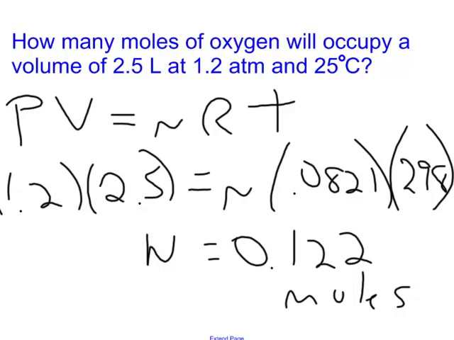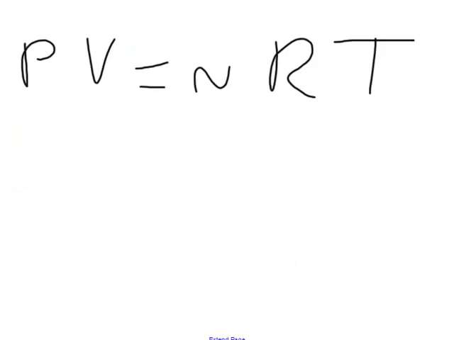We can do a little rearranging of the ideal gas law to make it even more useful. Let's think about the ideal gas law. PV equals nRT. Well, N, the number of moles, can also be calculated by saying the mass over the molecular weight.